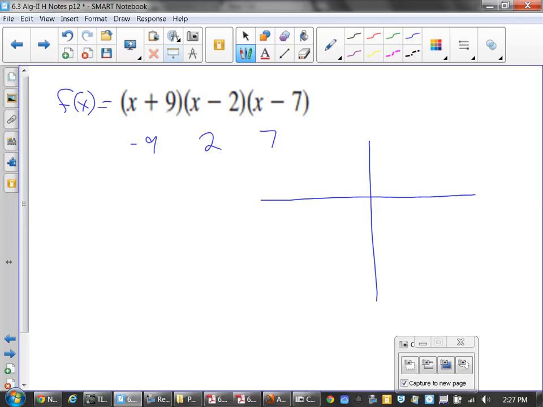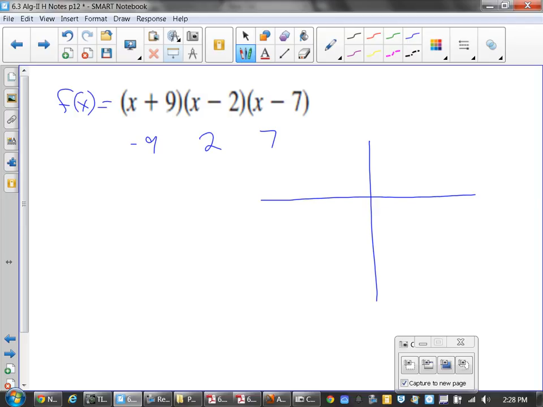Now, if you were to multiply these out, would this leading term be positive or negative? It's going to be positive, because all three of the x values are positive. What's the degree? It's a cube, so it's a positive first term, odd power.